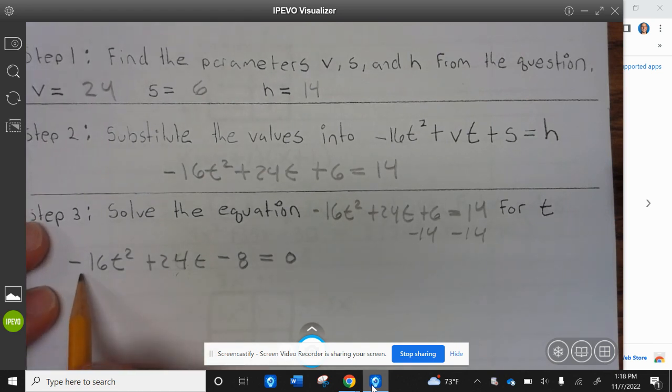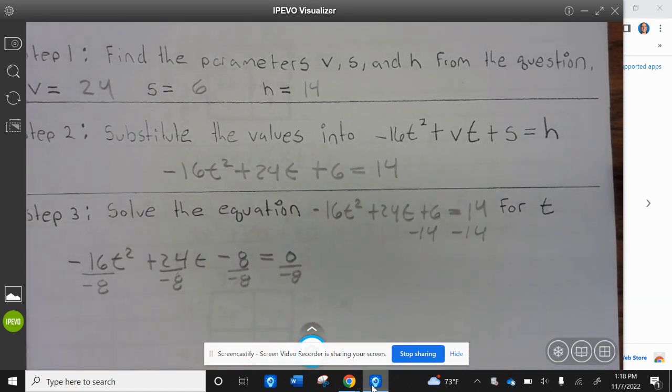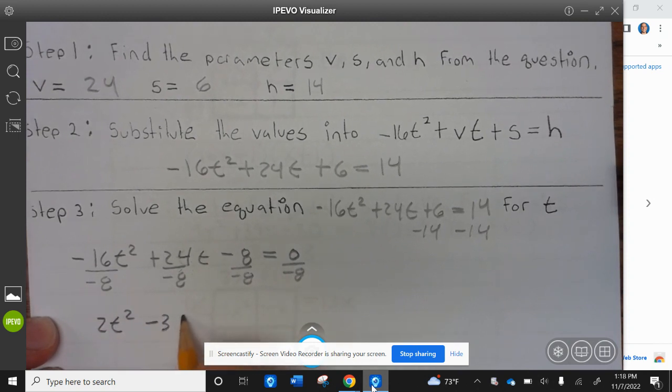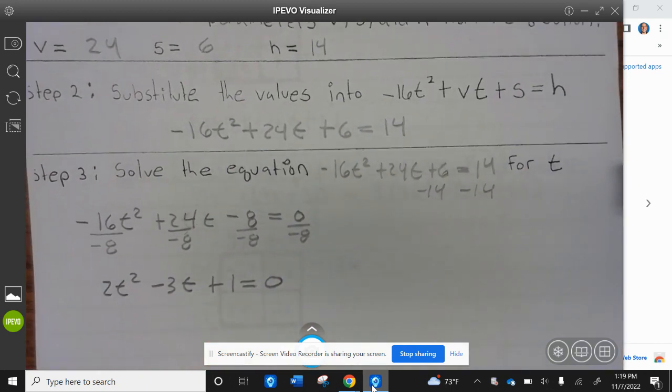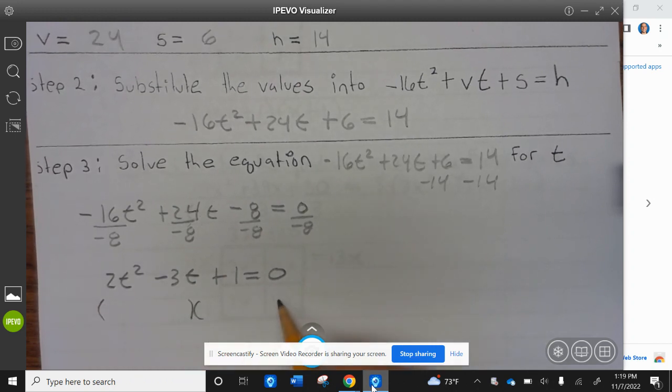Now we can divide everything by negative 8. So then that's 2t squared minus 3t plus 1 equal to 0. Now 2 parentheses.